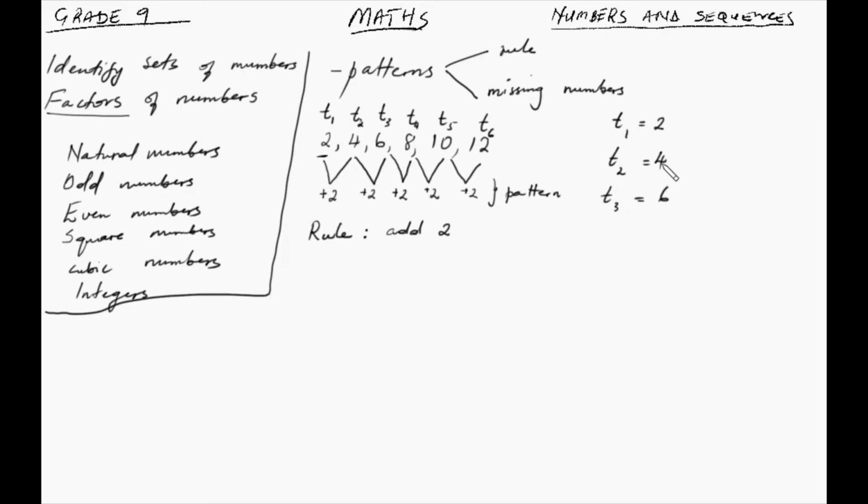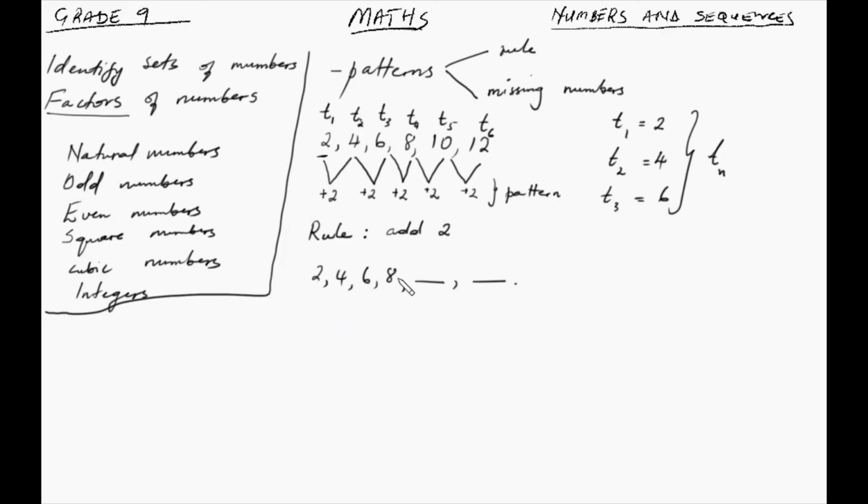To represent a term of a sequence, we use Tn, the nth term. Now, there could be the same sequence 2, 4, 6, 8, and dash and dash.